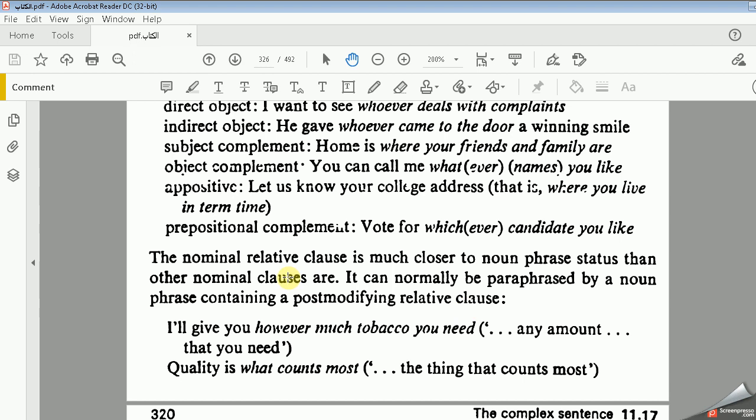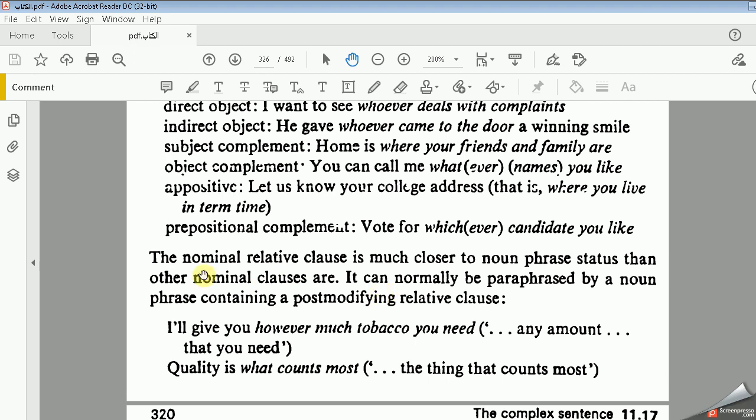Most of our students and English learners get confused between nominal relative clauses and noun phrases. They can't differentiate between them, and this is where they find it difficult to distinguish these types of clauses.